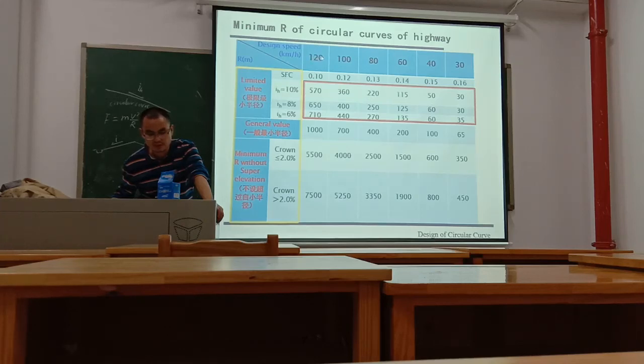Every design has a different speed. This is the general value. This is the minimum R without super elevation, and with super elevation.